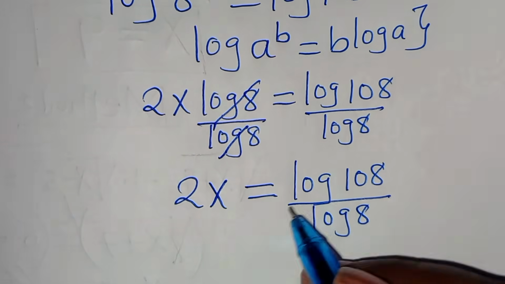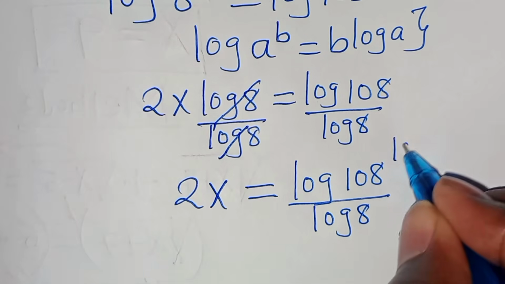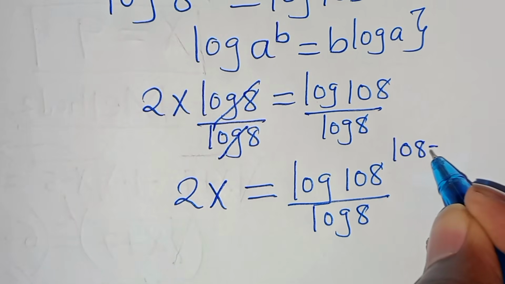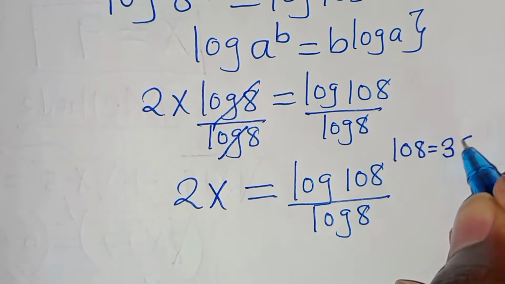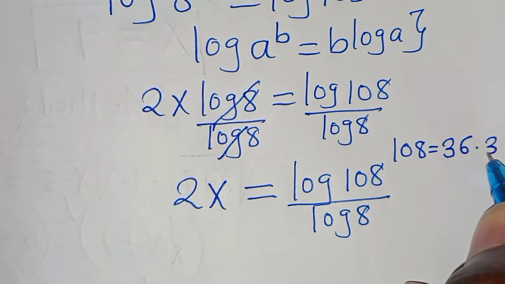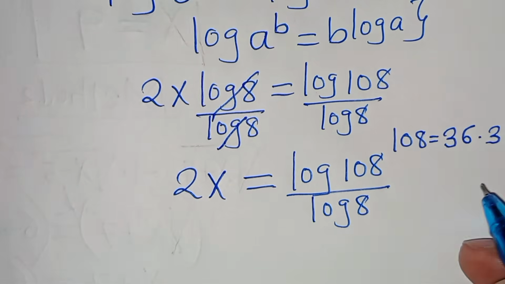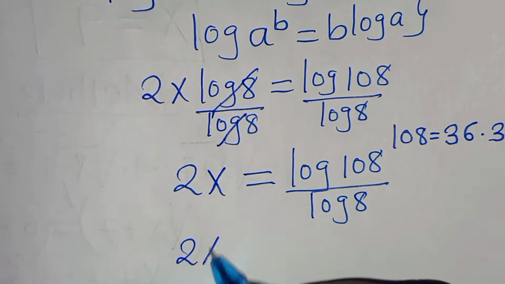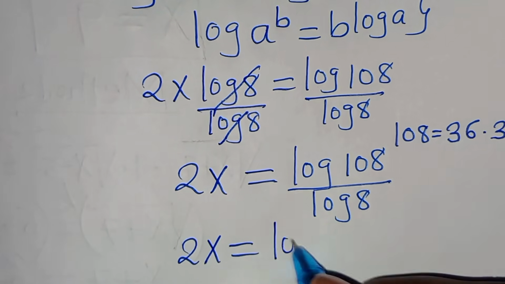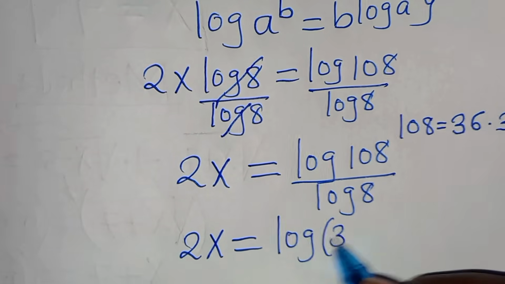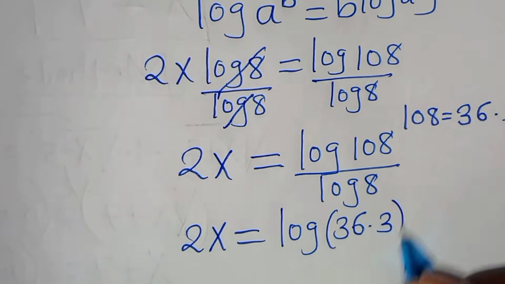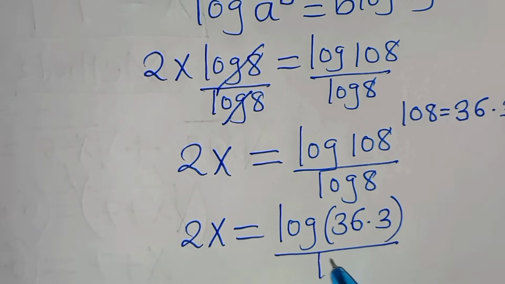The next step is that we can express 108. 108 is the same thing as 36 multiplied by 3. So this is to mean that we have 2x. This is equal to log 36 multiplied by 3 divided by log 8.